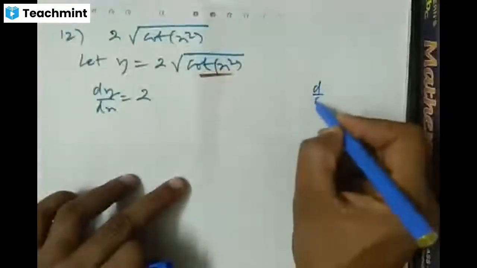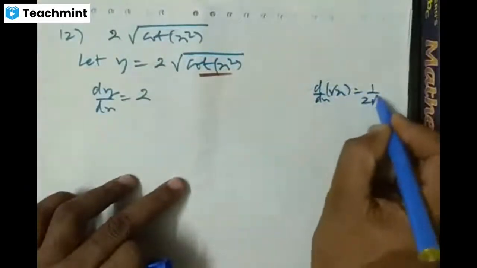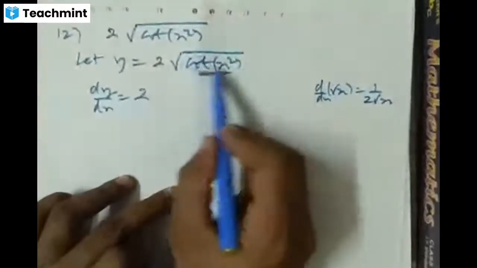We know that d by dx of root x is 1 by 2 root x, correct? I'm going to use it now, but in place of x we have a function, cot of x square.